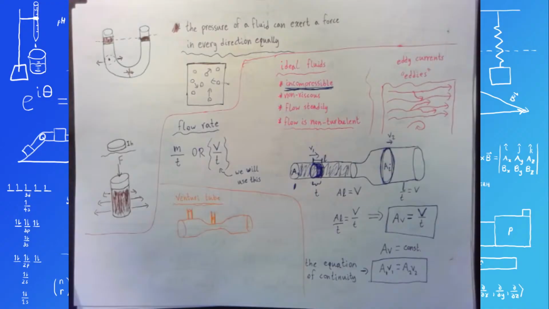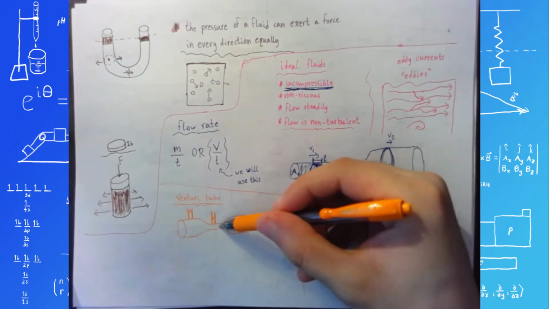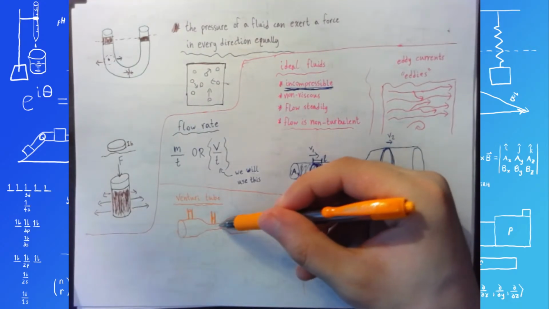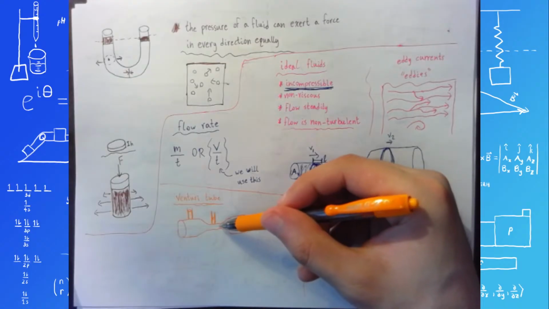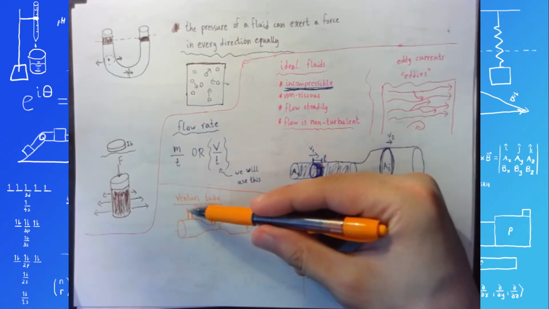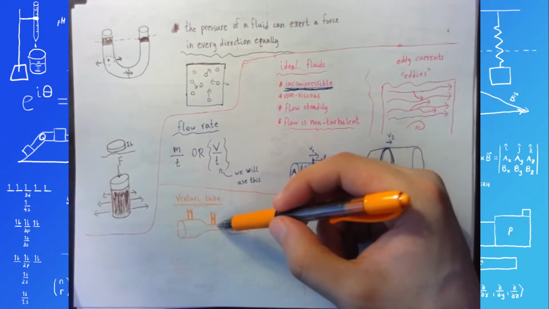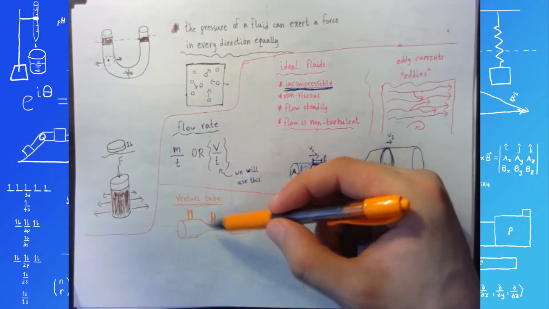We observed earlier when looking at the simulation that the pressure is lower where the fluid is moving faster. So you can actually use this pressure difference between the 2 points to calculate how much faster it's moving here versus here.